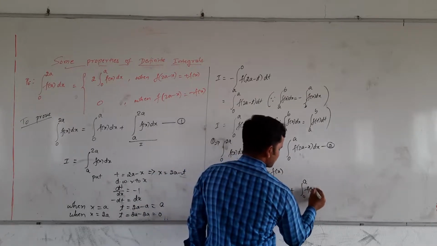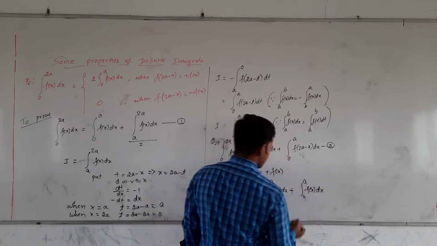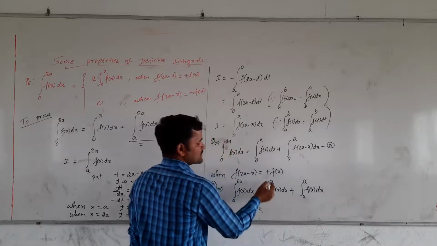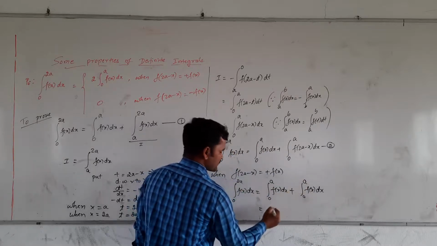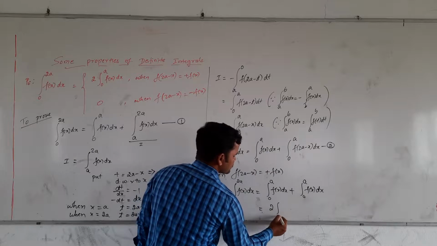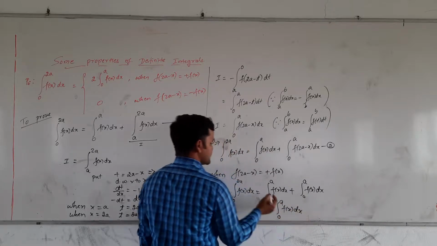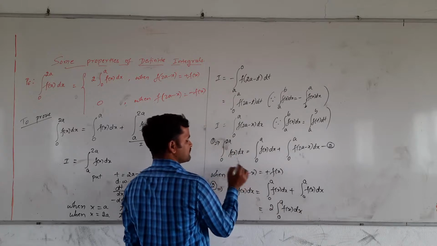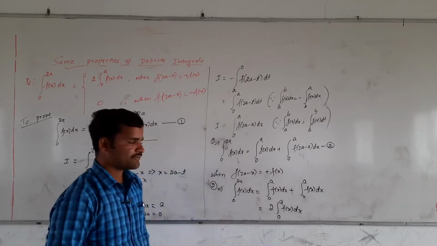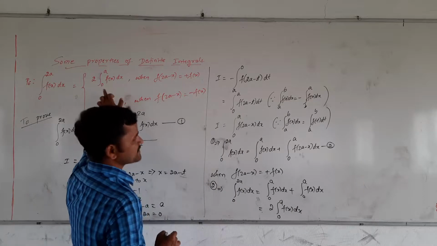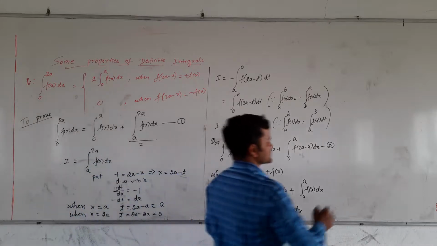So this is plus f of x dx. You see what I got? 0 to a f of x dx, 0 to a f of x dx. This is nothing but 2 times the integral from 0 to a of f of x dx. Yes, when we consider the case f of 2a minus x is equal to plus f of x, we are getting whatever is there.